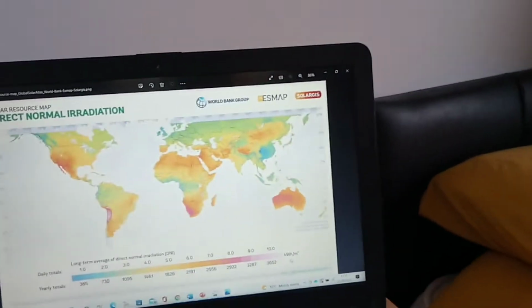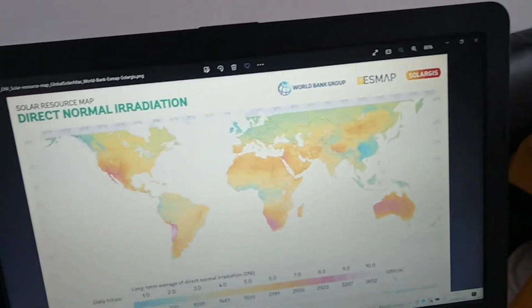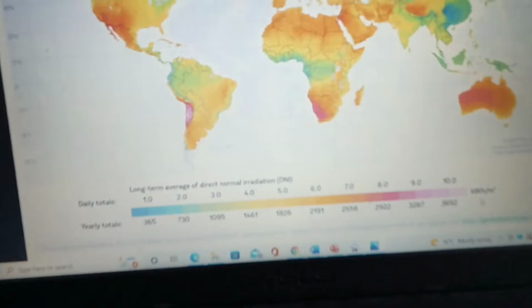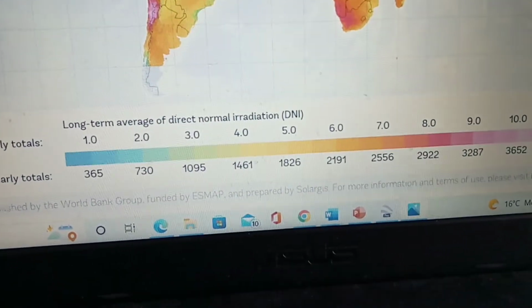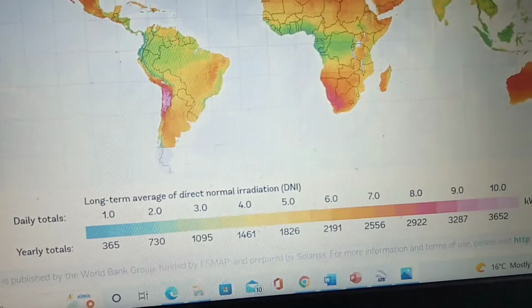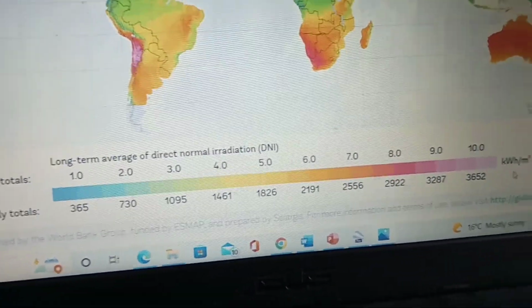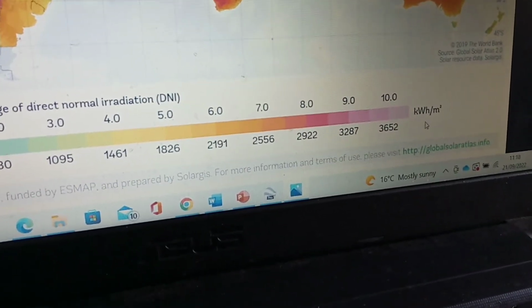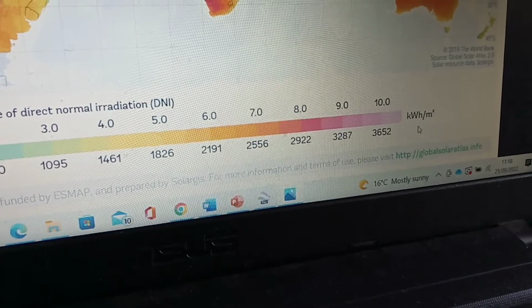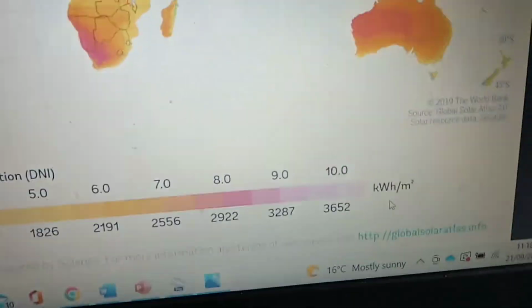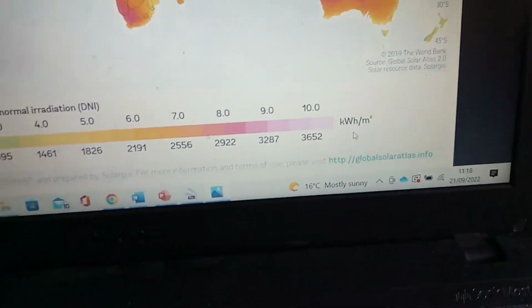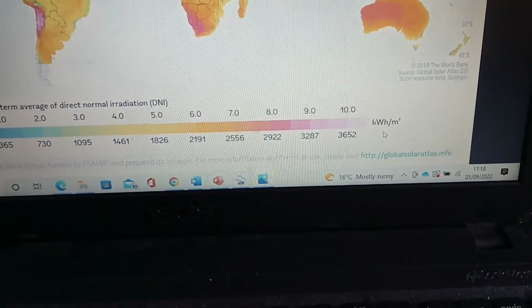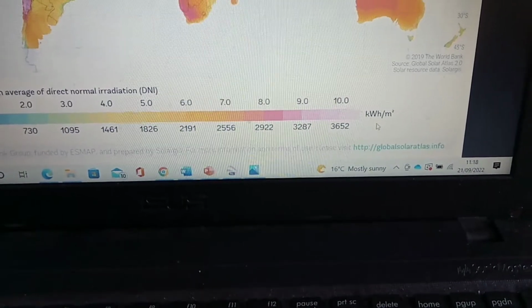So what I'm trying to interpret is that this is obviously well different to the sun in Pakistan. 900 watts per meter squared in a day. So with this being kilowatts, do I need to multiply that 900 figure by 1,000, which would take it to 900,000?